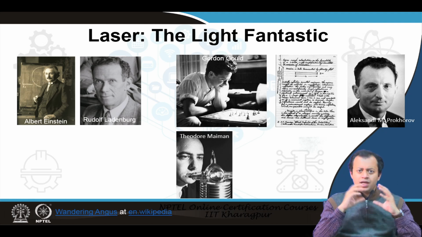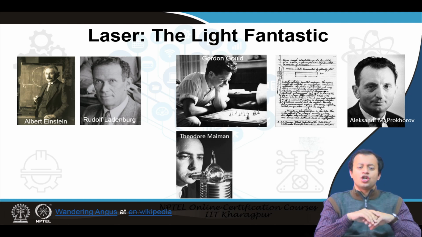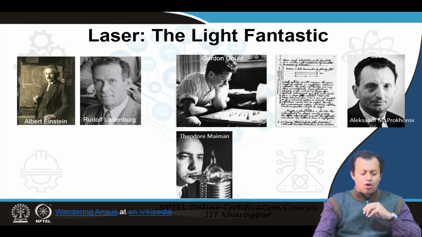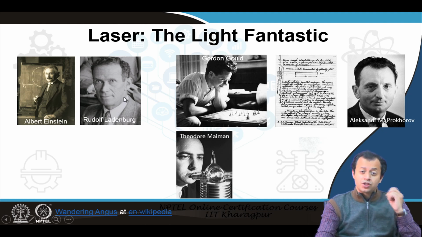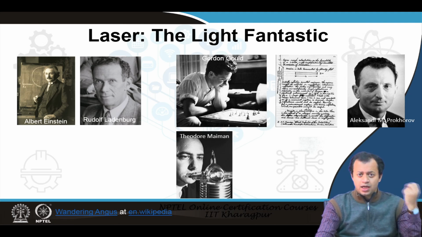This new phenomenon that there is a second type of emission was named by Rudolf Ladenburg, one of the first German scientists, a Jewish German scientist who emigrated to America during the 1930s due to the prevalent political situation back home in Germany.